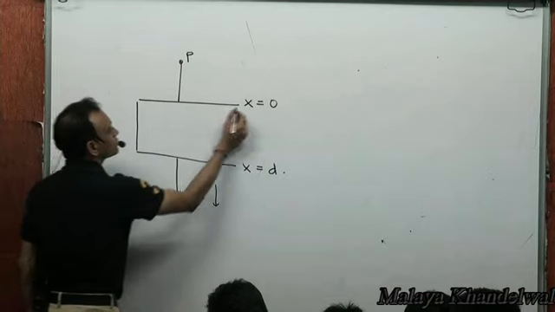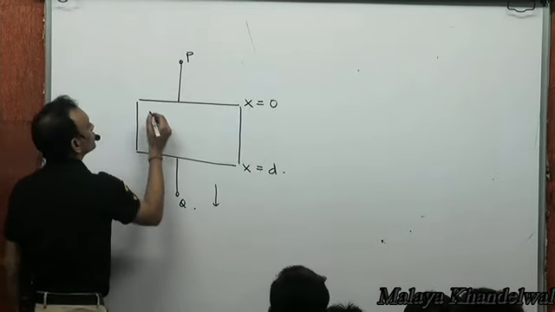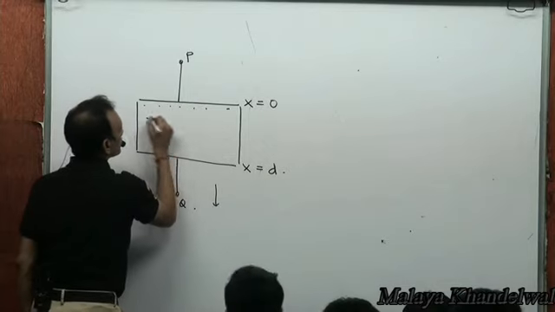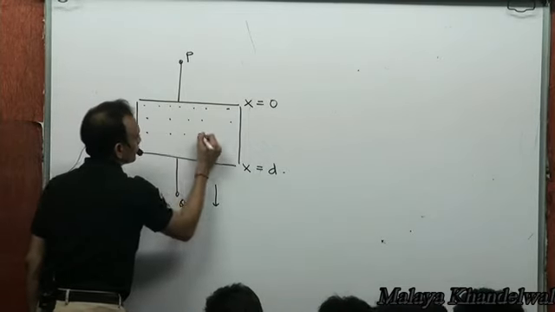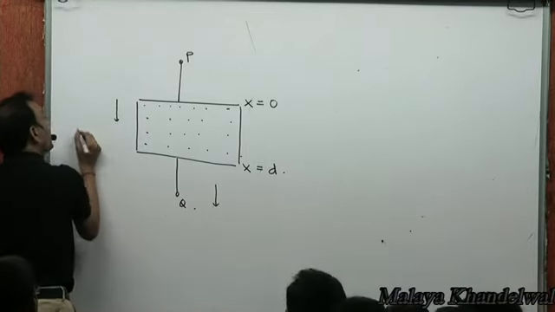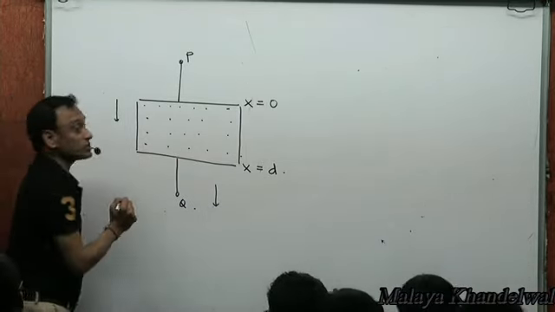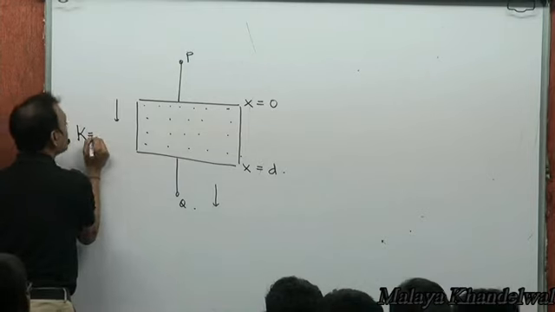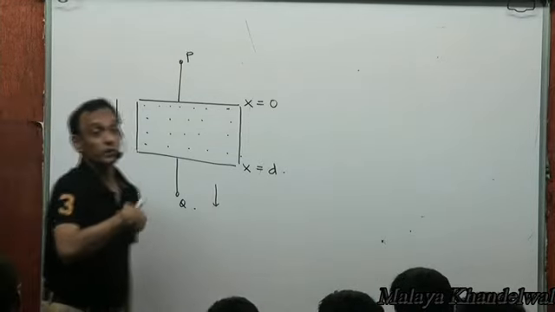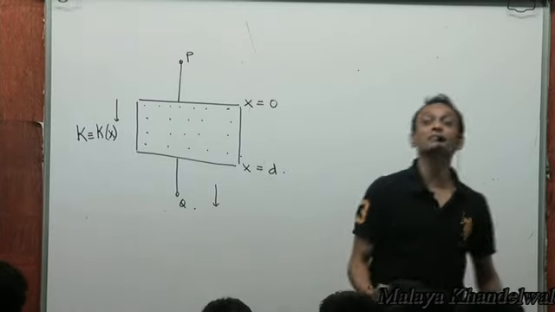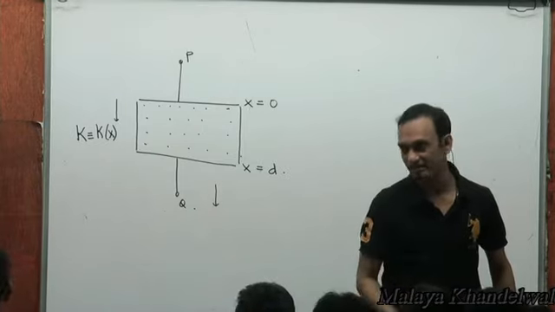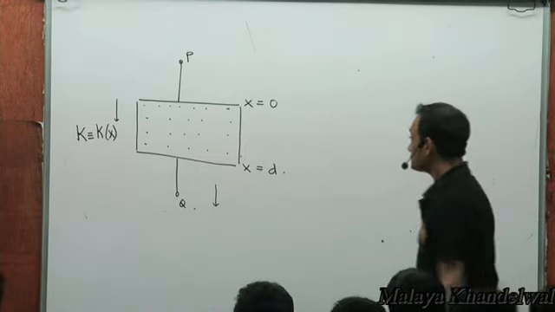This is the dielectric in which K is not a constant. The dielectric constant is a function of x. It's varying in the x direction continuously. Somebody could tell you K of x is like ax plus b, for example. It could be linearly varying with x, right?